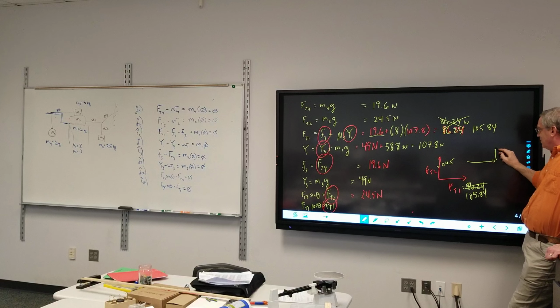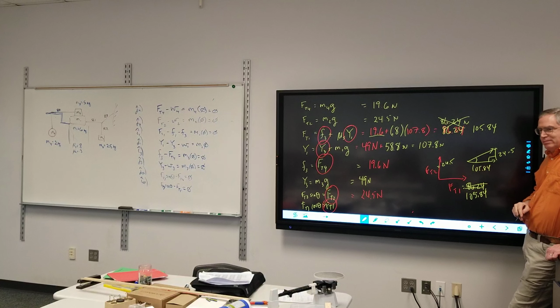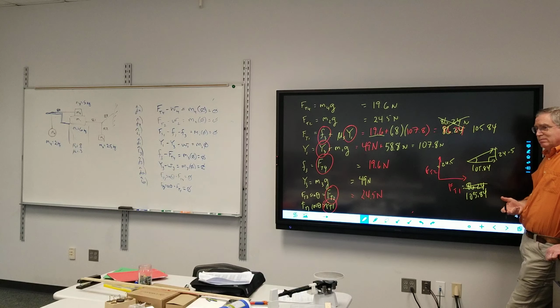So basically adding 105.84, 24.5, they're perpendicular to each other. The angle that we're trying to find and the magnitude. Magnitude, do the Pythagorean theorem. Angle, arctan.